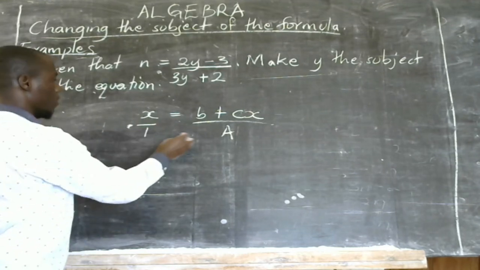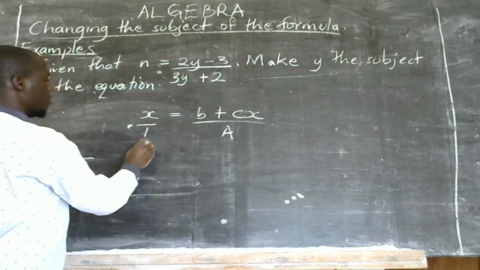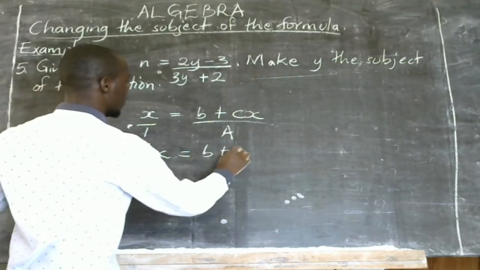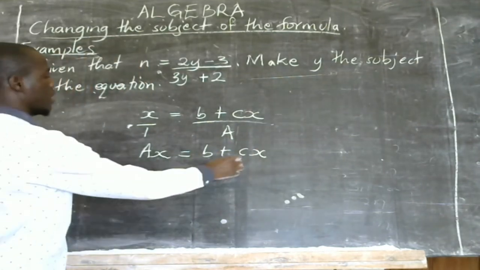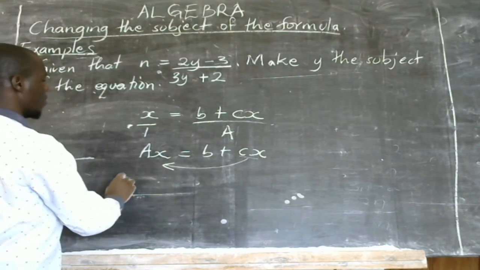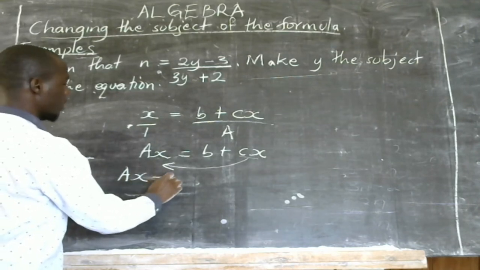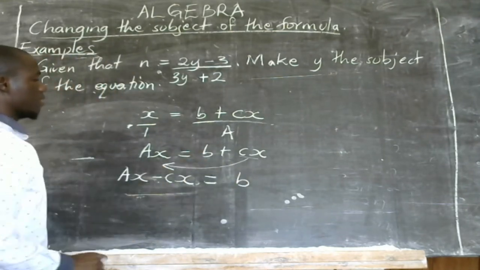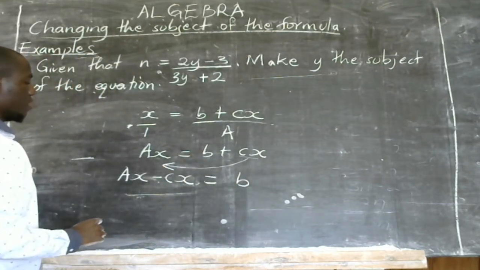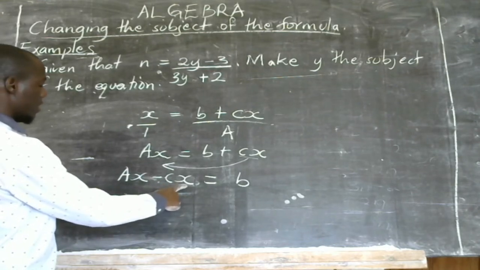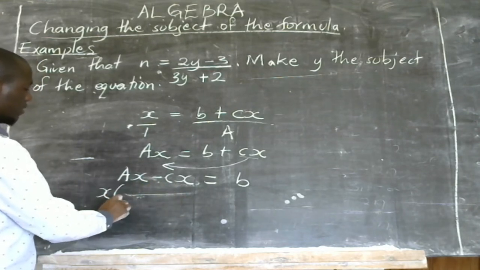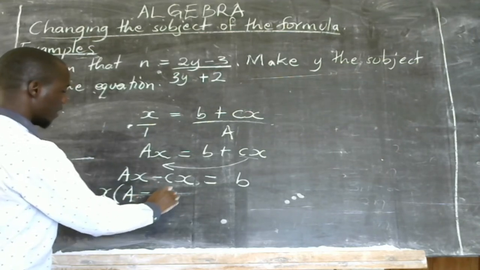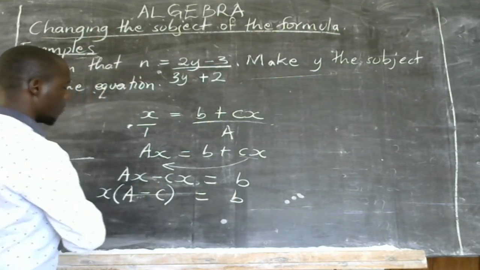So doing the cross multiplication, the a is going to multiply the x to be equal to b plus cx. Taking cx this other side of the equation, it becomes a minus. Then the other one, you are left there with only b. x is a factor, so when you factorize it, we shall be having x here, and then there we shall be having a minus c to be equal to b.